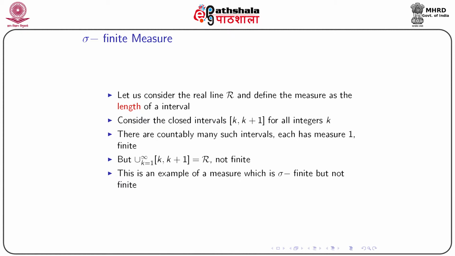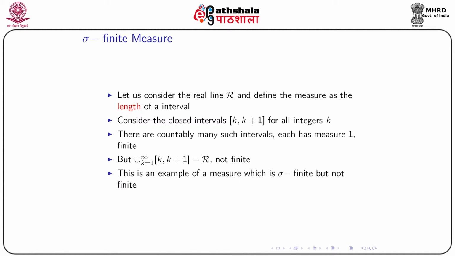We are considering closed intervals, say k to k plus 1, where k are the integers. If I take one interval, then the length of this interval will be k plus 1 minus k, that is 1, and in the real line there are countably many such intervals, each having measure 1.